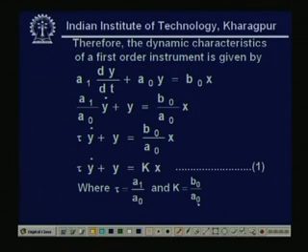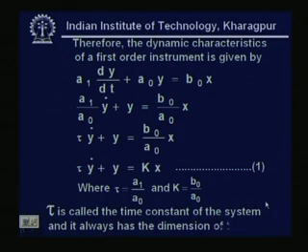And if you remember our nth order differential equations, we have written there clearly that A0, A1, B0 all depend on the physical parameters of the system. Tau is called the time constant of the system, and it always has a dimension of time, quite obviously.